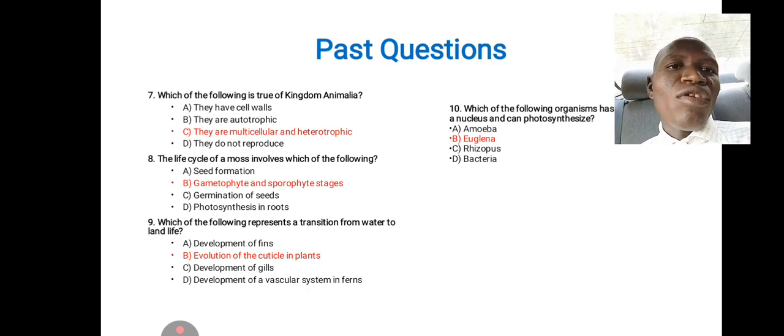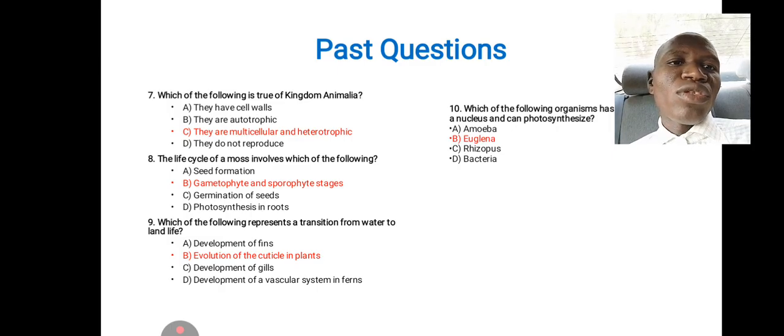All right, number 8. The life cycle of a moss involves the following. Yes, so I've given an example of this, mosses, earlier. So what is their life cycle like?